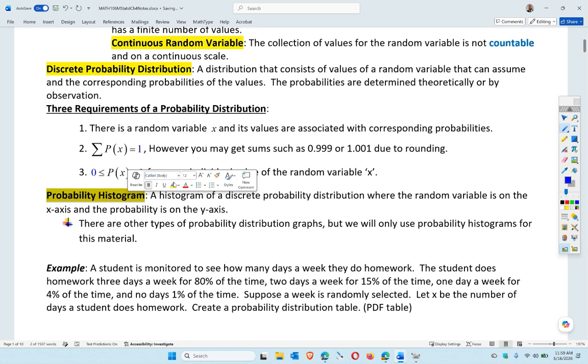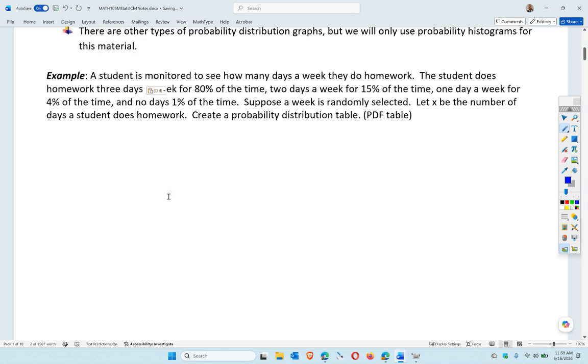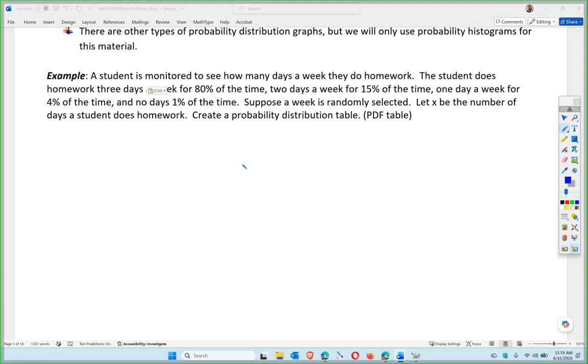So let's say we have a problem here where students are monitored to see how many days a week they do homework, and so you do a probability experiment. You find 8% of them do 3 days, 2 days is 15%, 1 day is 4%, and no days is 1%.